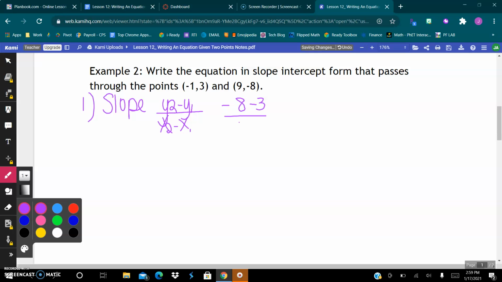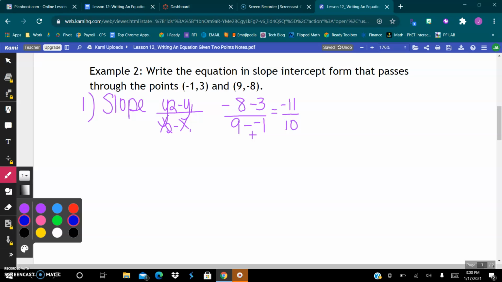And then x out of our second is 9, minus x out of our first is -1. So when we simplify this, we have -8 minus 3 at the top, so that would be -11. And at the bottom, we have 9 minus a -1, which would turn into 9 plus 1, so that would be 10. Now this slope does not simplify down, so we're going to have to leave it this way.